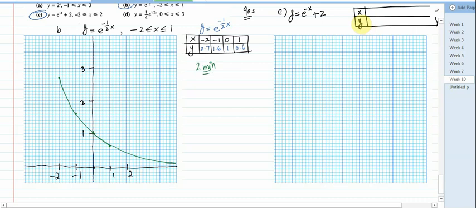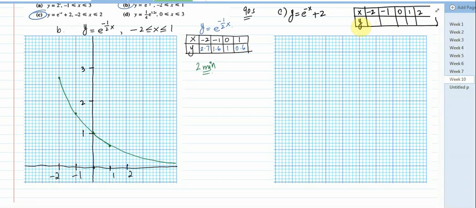The value of x is minus 2 to 2, so minus 2, minus 1, 0, 1 and 2. Firstly you need to complete the table, and you need to complete the graph as well. You need to complete the whole question, and then I will tell you the correct graph. For this part you have a time of 4 minutes, so start.